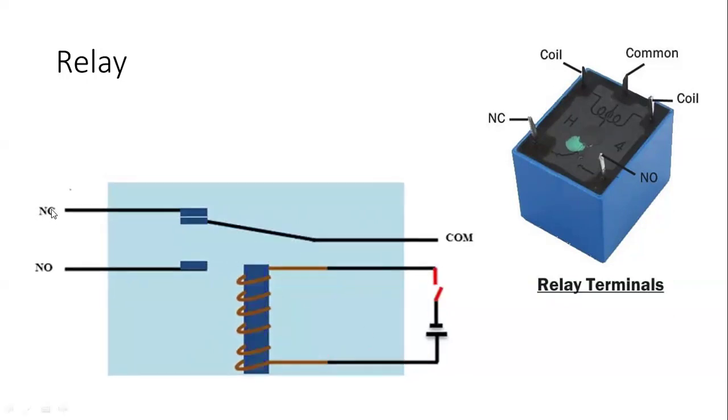This one is known as NC, which stands for normally closed, NO stands for normally open, and COM stands for common terminal. These are the terminals of a relay. Then there are two more terminals, A and B, which we can call coil terminals A and B.